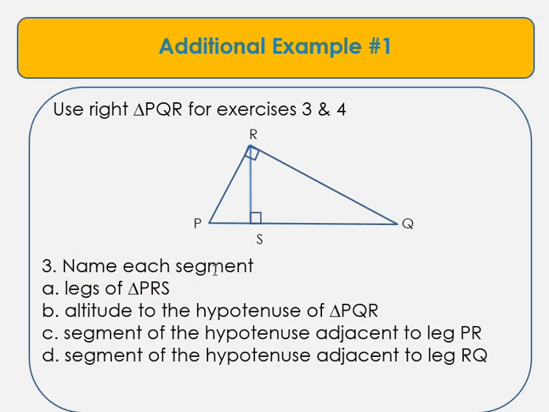So we're naming the segments of the triangles, and the first segments they're asking for are the legs of PRS. So PRS, let's take a look at this triangle, and PR right now I can see that that's a hypotenuse, so we will have a short leg, which is PS, and the long leg, which is RS.